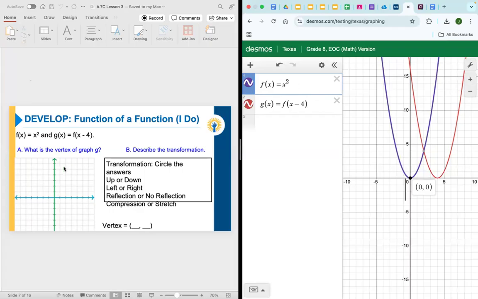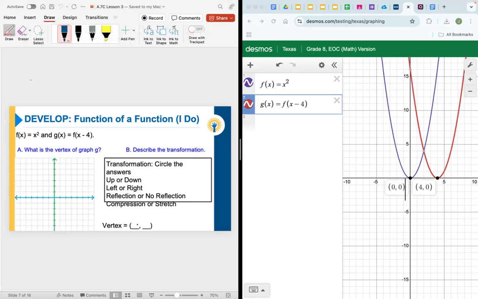The question in our first one asks, what is the vertex of G? Our vertex of G is right here, at 4, 0. Let's write down our new vertex of G is at 4, 0. I'll start by drawing our parent function in red, and I'll label it f.